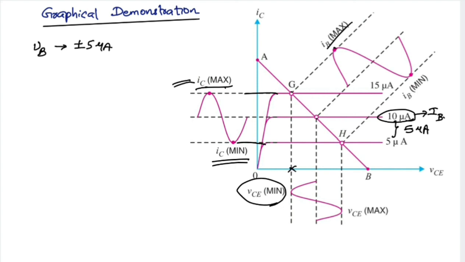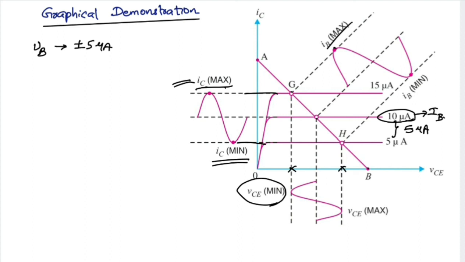VCE value is minimum here and VCE value is maximum here. So when base current is maximum, collector current is maximum, but the output voltage becomes minimum. That means it is maximum in the negative direction.